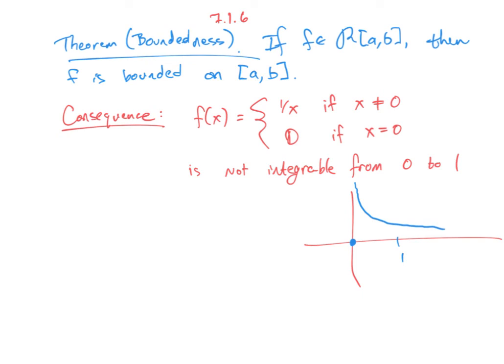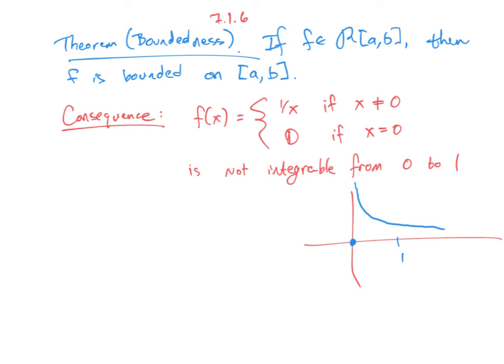Basically, you take any partition. Your function is unbounded on at least one part of the partition, and therefore you can tag that part of the partition so that your function is big enough that the Riemann sum is bigger than any possible integral. Okay? So that's the idea of the proof.